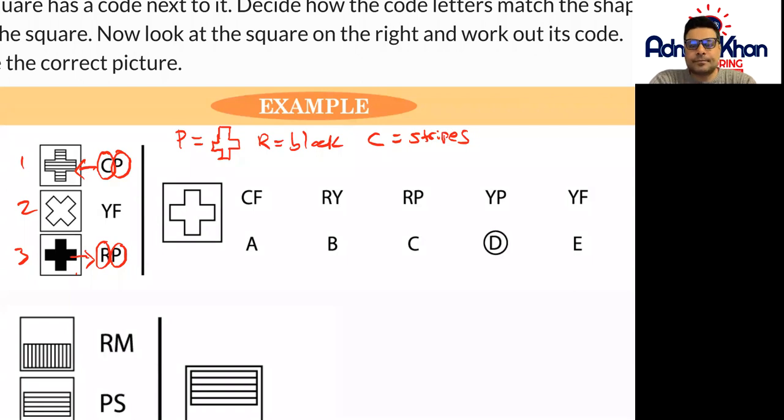Now, Y and F are slightly odd in a sense, but because the first letters are all about colors and stripes, that means Y must be a plain shape. So Y must be plain or white in this case, all right?